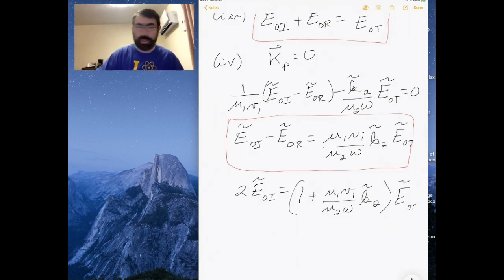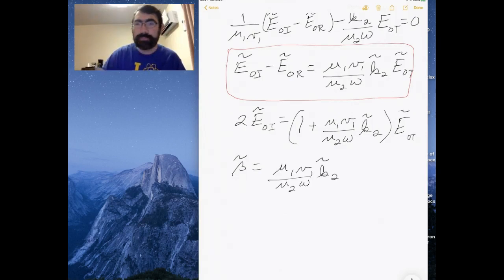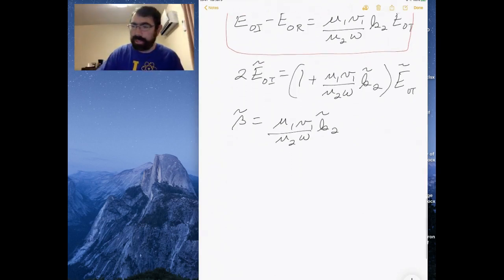And if I call that beta tilde, so beta tilde is mu1 v1 over mu2 omega k2 tilde. Now beta is a tilde because k2 is a complex number, so beta now is a complex number.